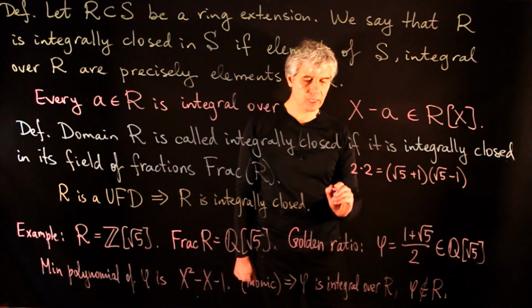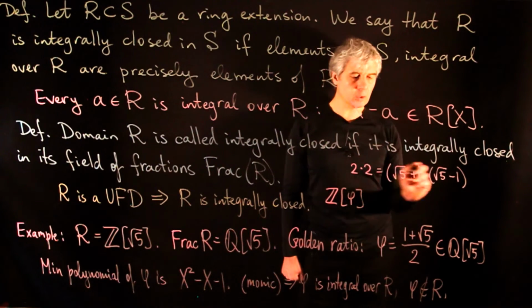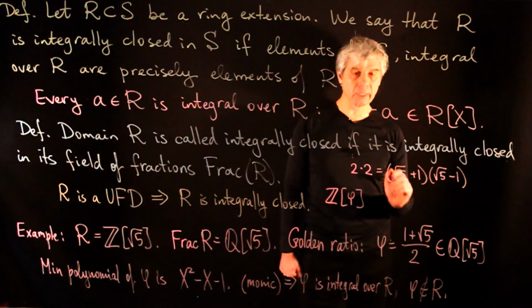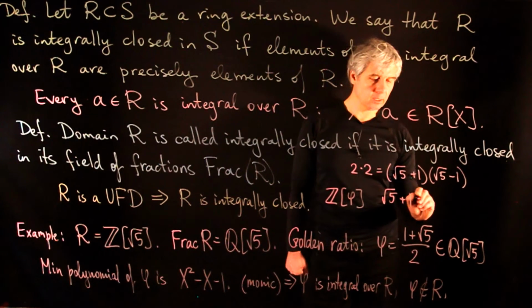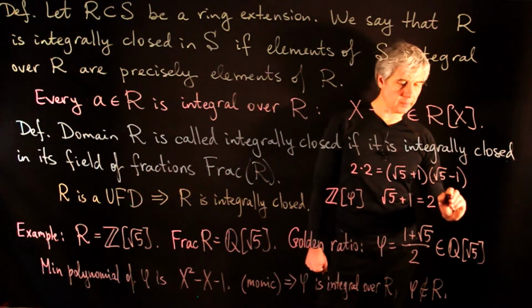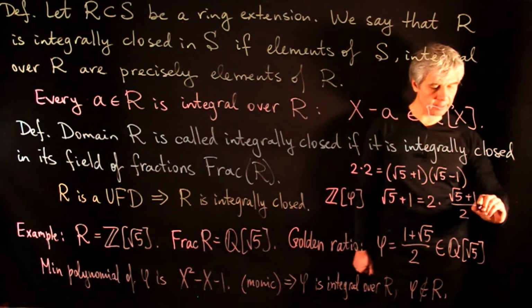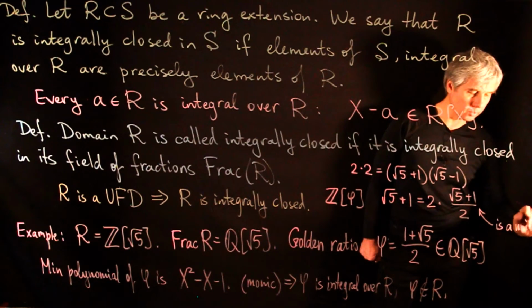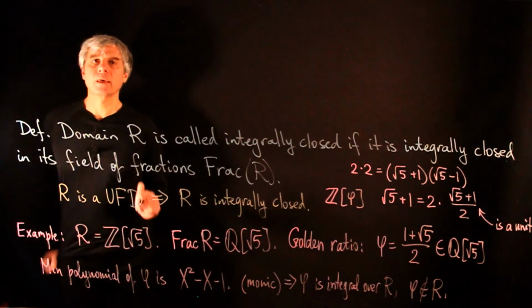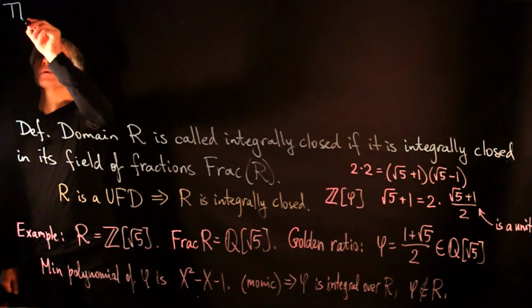Note that if we take the ring Z of phi, then these two factorizations become equivalent. Because square root of 5 plus 1 is equal to 2 times (square root of 5 plus 1) over 2, and this element phi is a unit. So that is invertible.